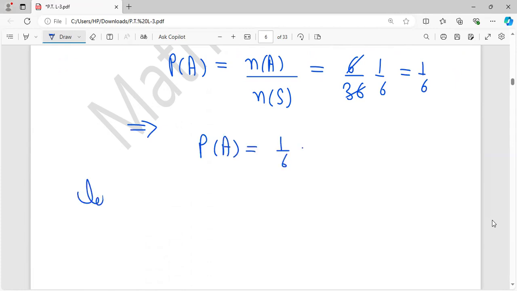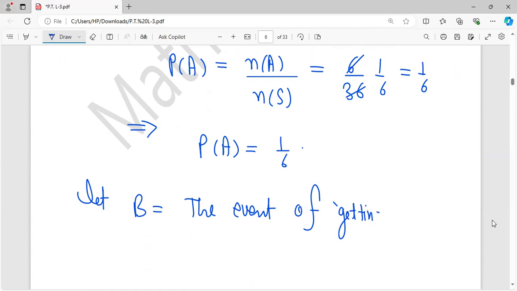Now let B be the event of getting a total of 11.